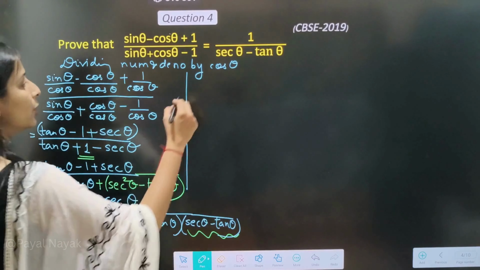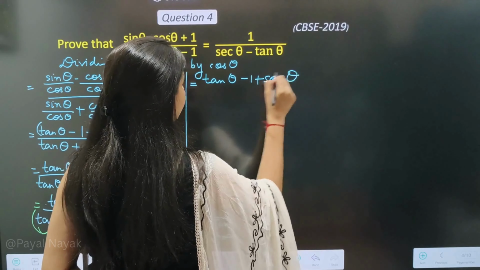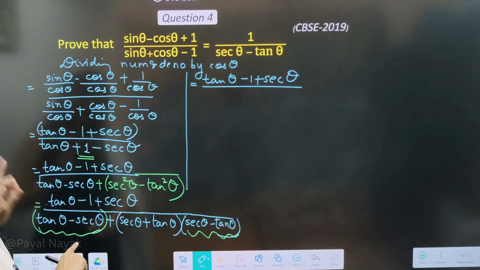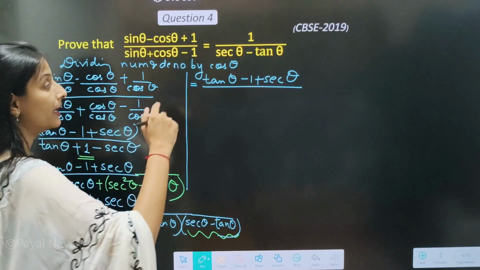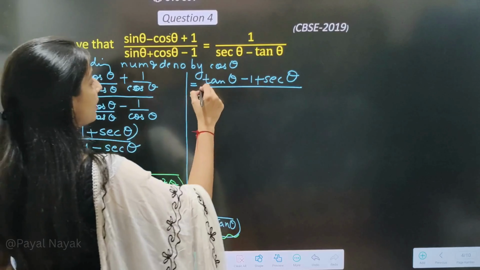So for that, the numerator, we will be writing it as same, tan theta minus 1 plus sec theta upon, observe the denominator. Now here what I'll do, instead of writing tan minus sec, I will change it as sec minus tan. But for that, I need to take minus sign as common. So I'll write down here minus sec theta minus tan theta.